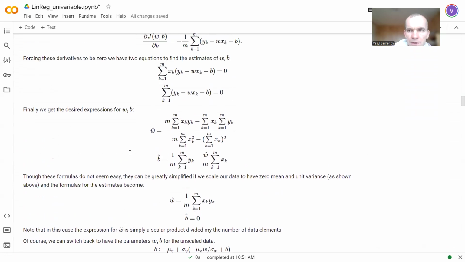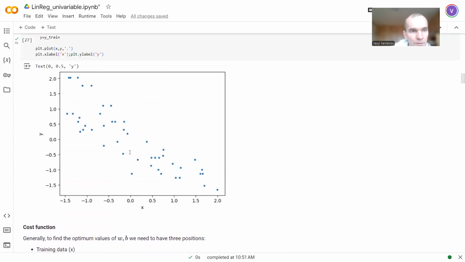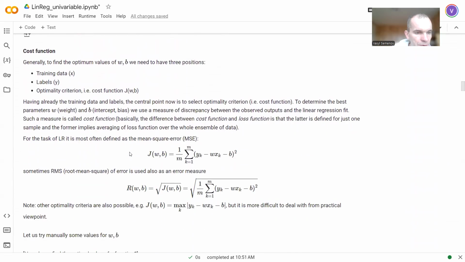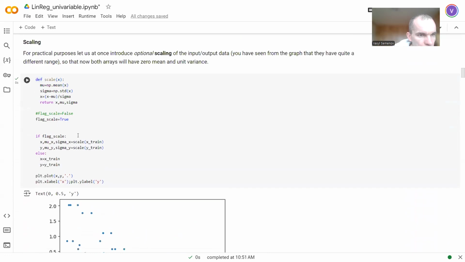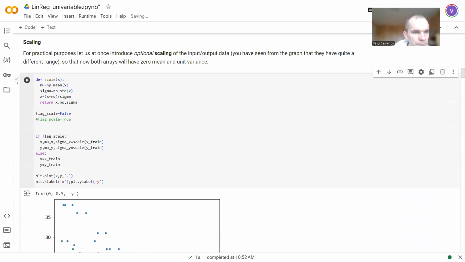Now let me perform the same calculations using the data which were not scaled, just to check that our formulas are correct. Where is this flag, which I now set so that the data are not scaled?